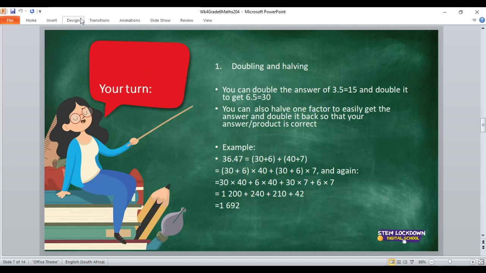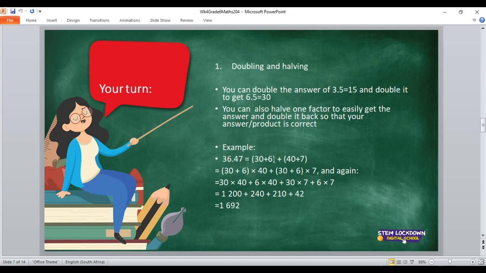So the example for our previous one, where you were doing the breakdown for the steps, says 36 multiplied by 47 equals 30 plus 6, in parentheses, multiplied by, open your parentheses, 40 plus 7. Your next step, you are grouping your distribution according to multiplication over addition.